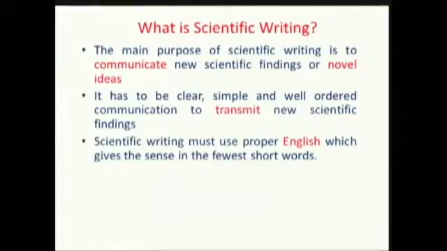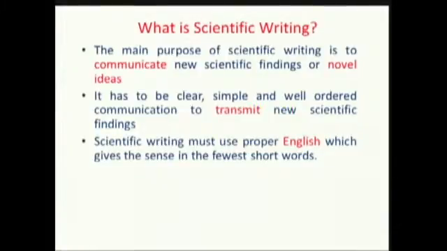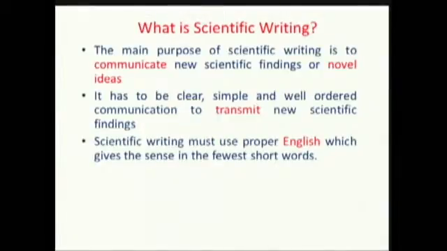The idea of writing a scientific paper is that it has to be clear and simple. Don't forget that the reviewers are actually human beings. And if you don't write clearly and simply and in a logical order, the reviewer, after reading a few lines of your paper, will get fed up.